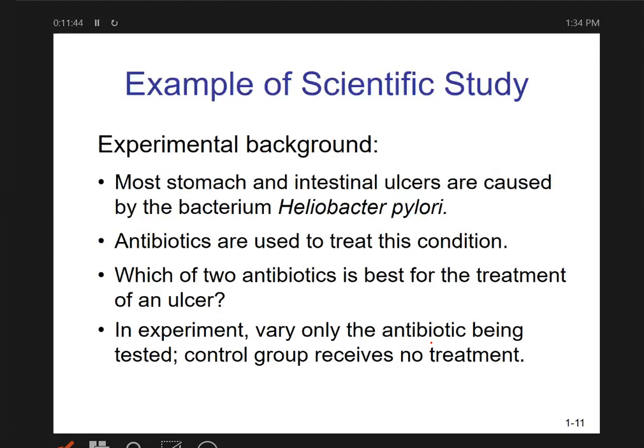So let's give an example. An example would be that ulcers are caused by a bacterium, Helicobacter pylori. So antibiotics are used to treat this condition. Let's see which of the two antibiotics would work, so I test them. Let's say I have an antibiotic A and an antibiotic B. And of course, remember, I have to have a control group.